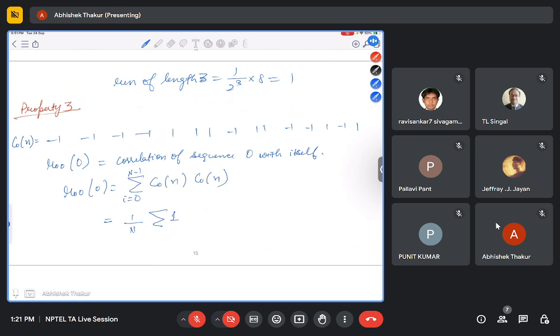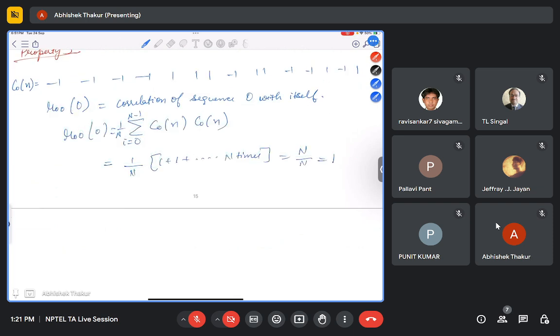So C naught of n into C naught of n is just a squaring, so it will add 1 plus 1 plus 1 plus 1, n times. So 1 plus 1 plus up to n times. So this will become n by n. So this is 1.